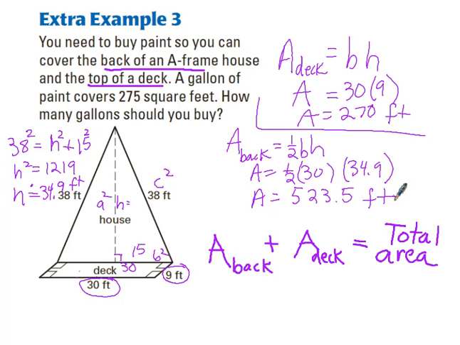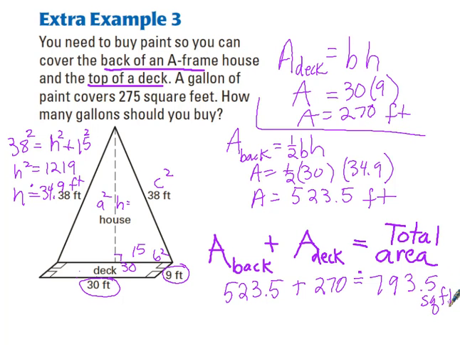So here we have the area of the back, 523.5 feet, plus the area of the deck, 270 feet, which is going to be the total area of about 793 square feet.